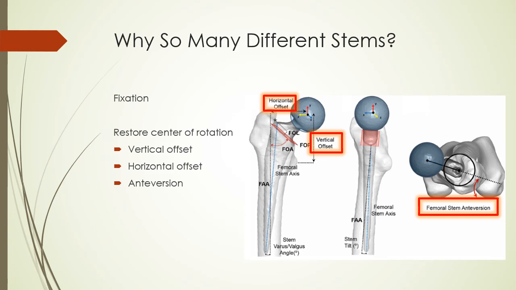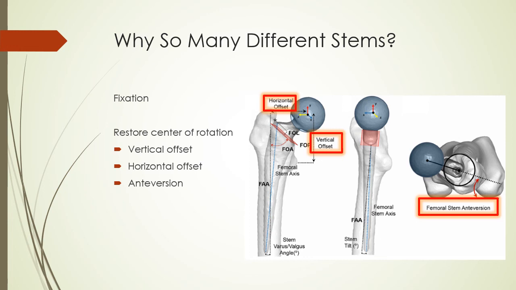So one thing you may notice, why so many different stems? Why do we need a lot of combinations either in modular design or just a single piece, different types, shapes, sizes of hip stems? First of all, it's important to have different lengths and widths for fixation. And also, for example, the modular design enables you to restore the center of rotation.